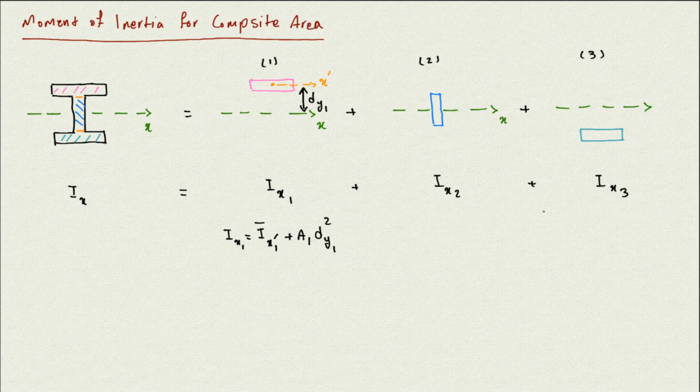The same goes for the other two. We calculate Ix1, Ix2, and Ix3 using this parallel axis equation, and then we add them together.